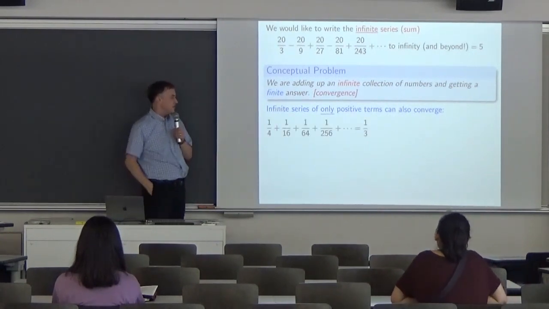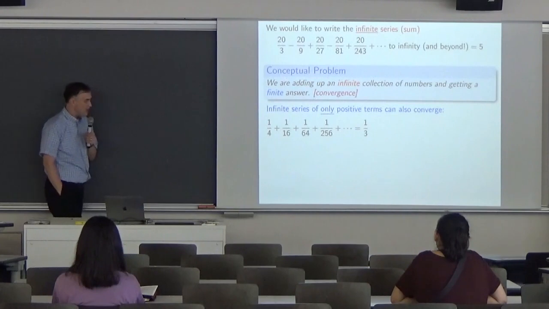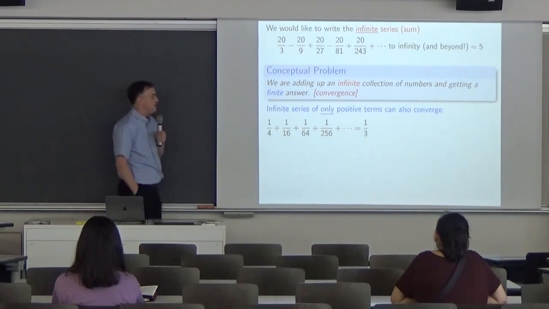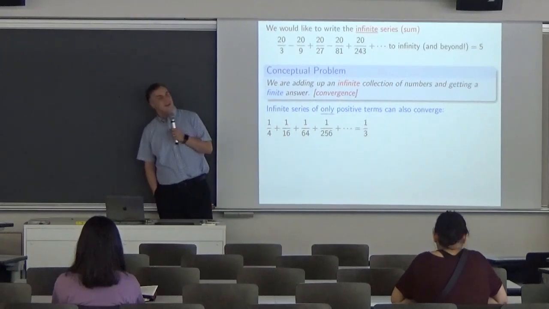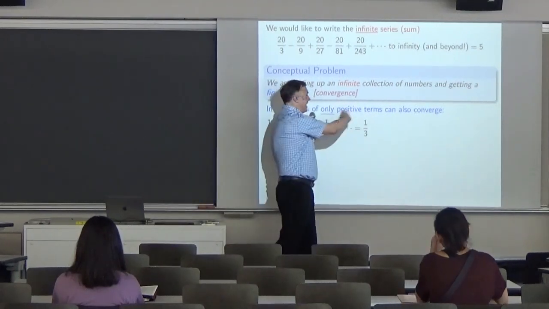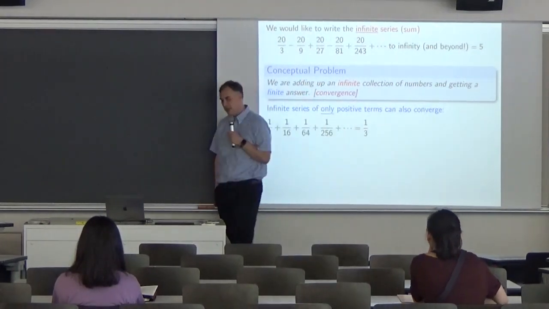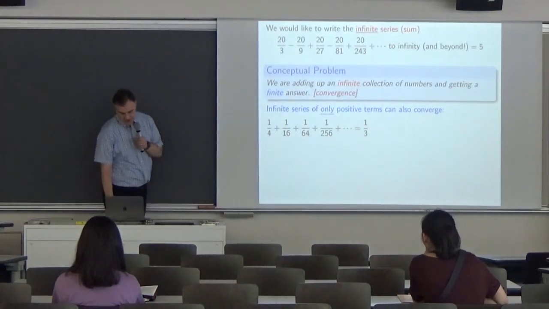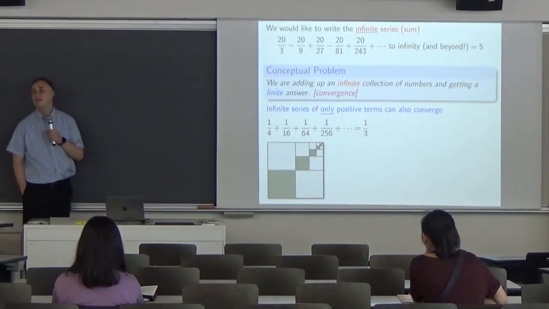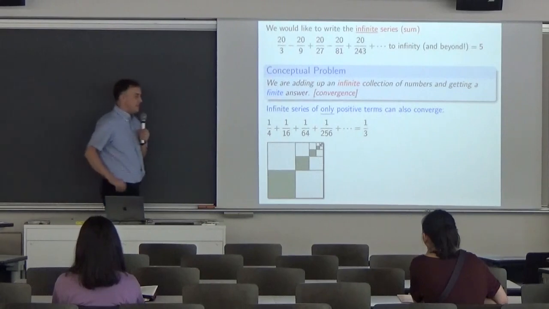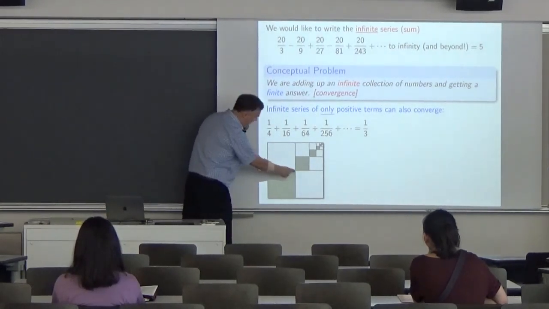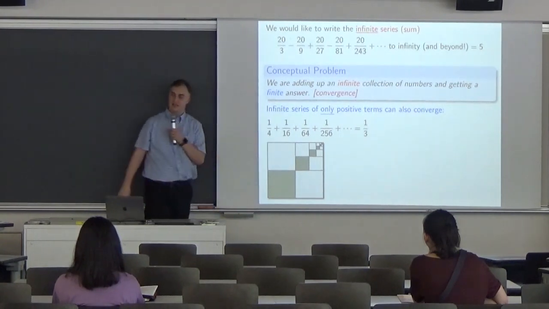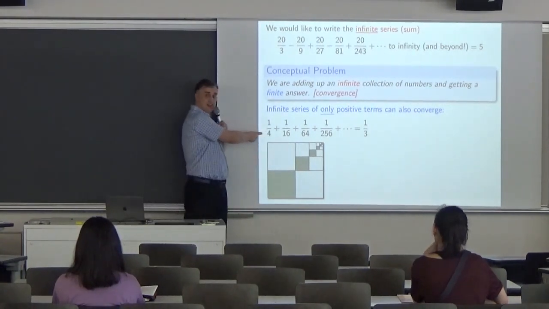Just to give you a couple of examples of that, here's one: 1/4 plus 1/16 plus 1/64 plus 1/256 plus dot, dot, dot, out to infinity, I claim is equal to a third. And there's a very nice geometric picture of this. This is a square of 1 by 1. The colored block here is a quarter, the first entry.